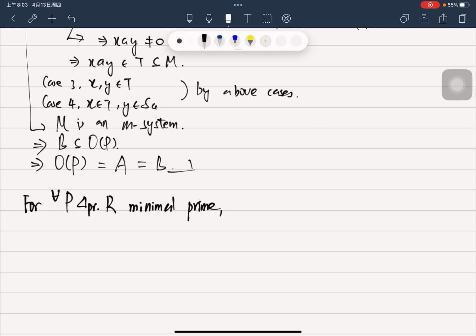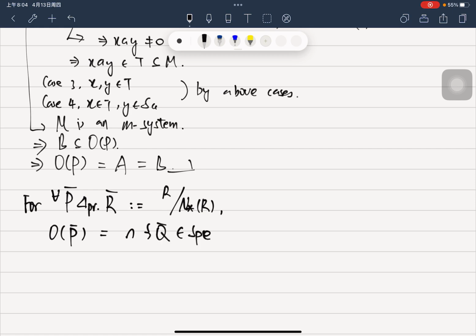Or I can see that, where R bar is R over the lower radical, prime radical. We have OP bar equals to the intersection of Q bar, which is the prime ideal of R bar, satisfying that Q bar is in P bar.